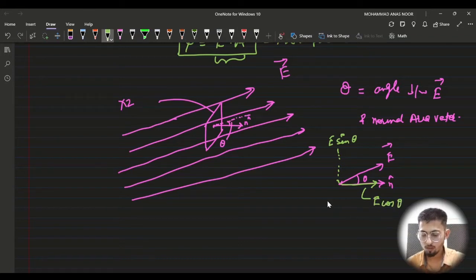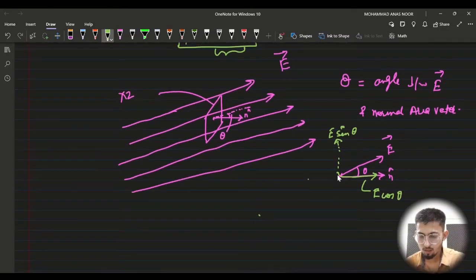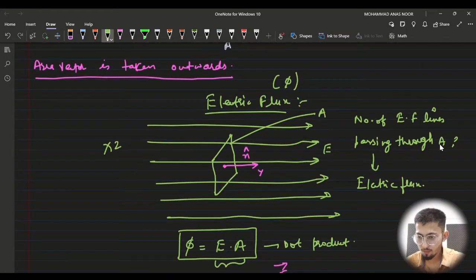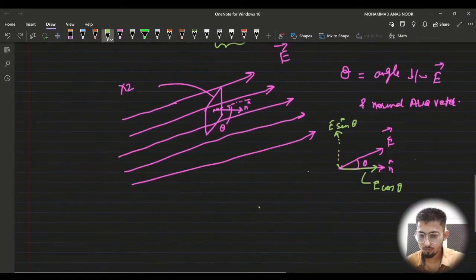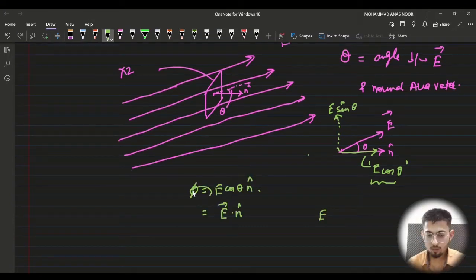The electric flux definition says that the electric flux is the number of electric field lines passing through the area, through the normal area vector. So only this component of the electric field, E cos theta, is taken into consideration.